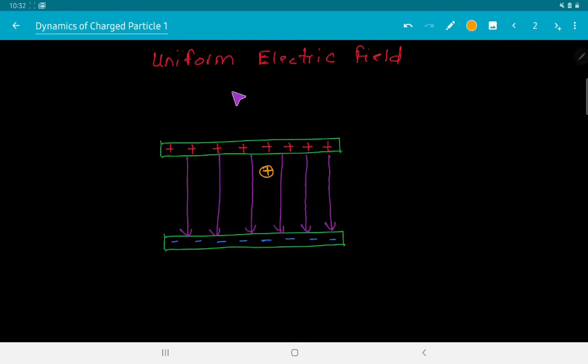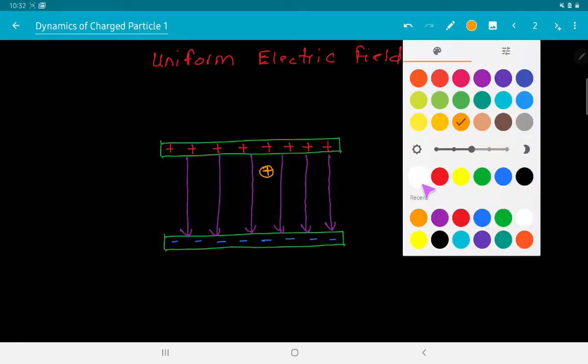First, we are going to talk about uniform electric field, and specifically we are talking about two conditions.